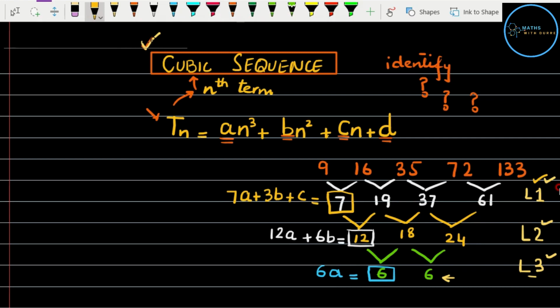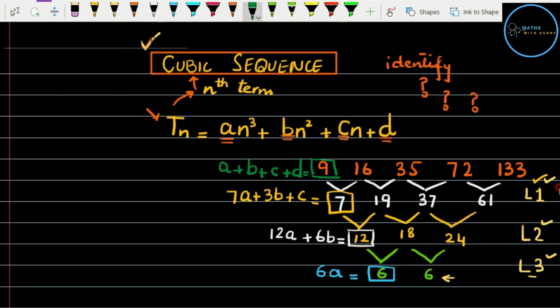And the last one is the first term of the actual sequence. You have to make this equal to a plus b plus c plus d. So this is important to memorize. This step is a little hard, you just need to memorize it.